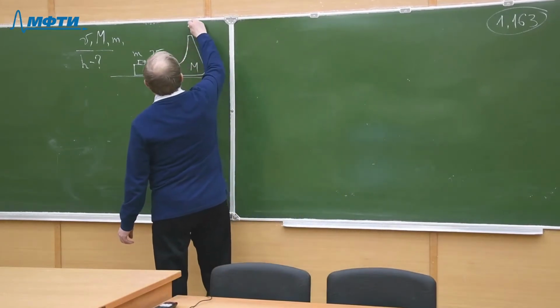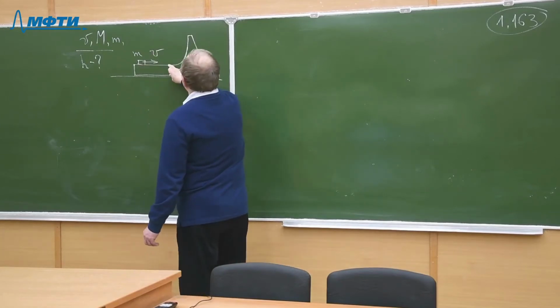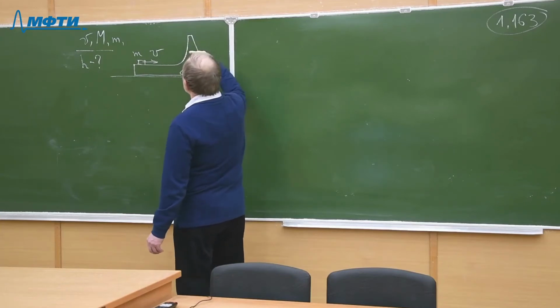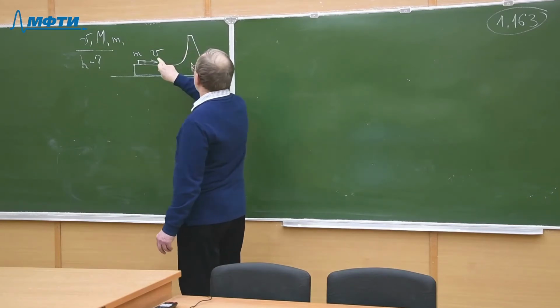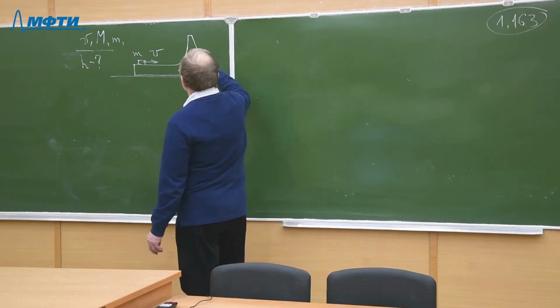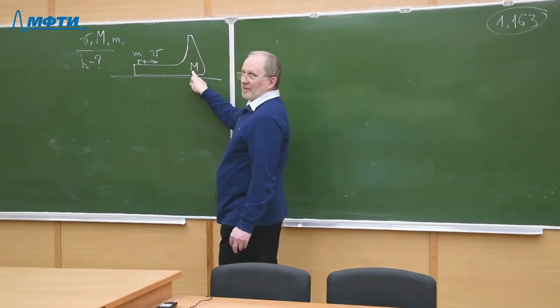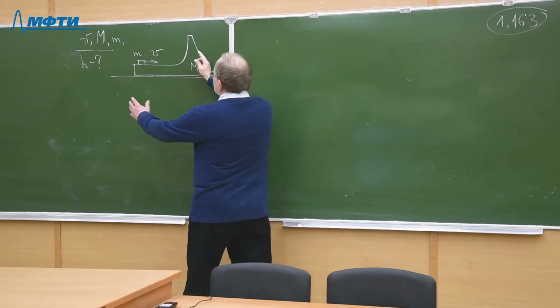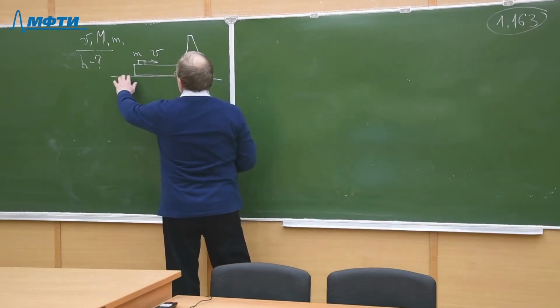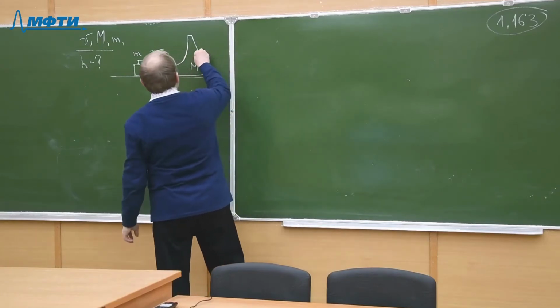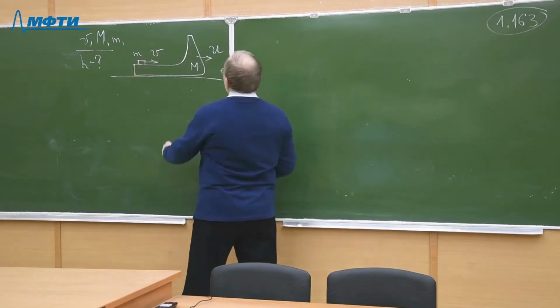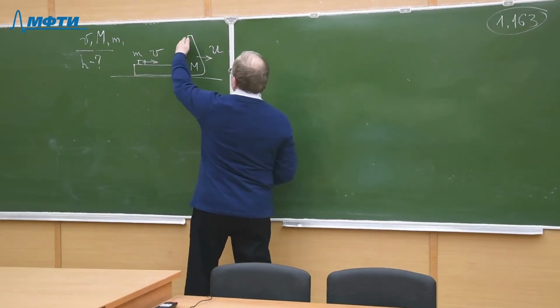When the small body moves here along the curved surface, it will be accelerated, so there will be a force acting on the small body from the surface. And according to Newton's third law, the same force will act on the large body of mass capital M. So the large body, which is placed on a table without friction, will certainly move after that with some velocity u, because the small body is here accelerated.